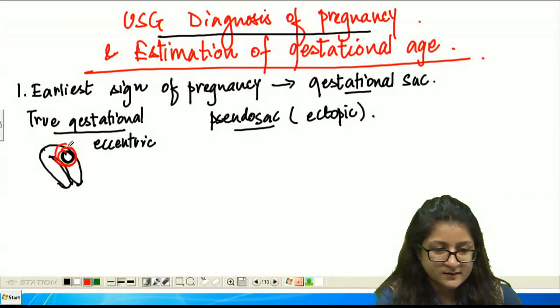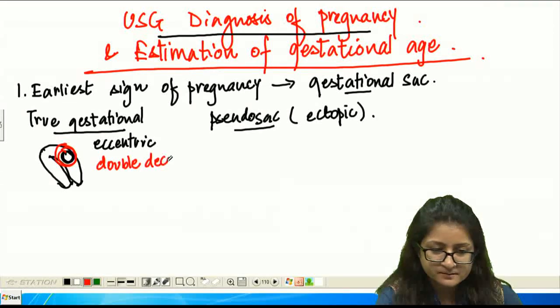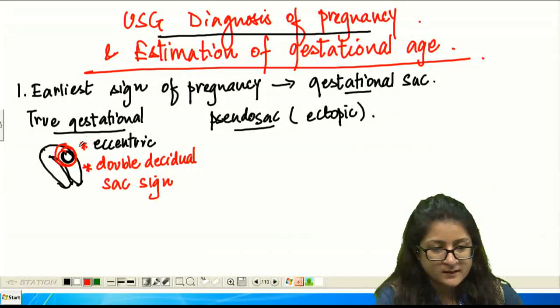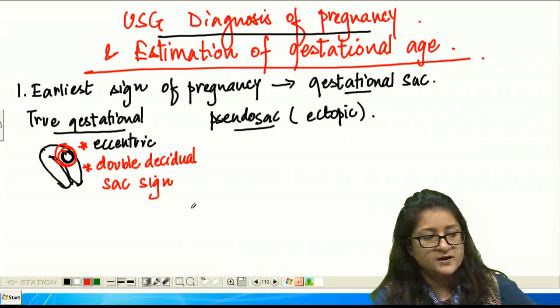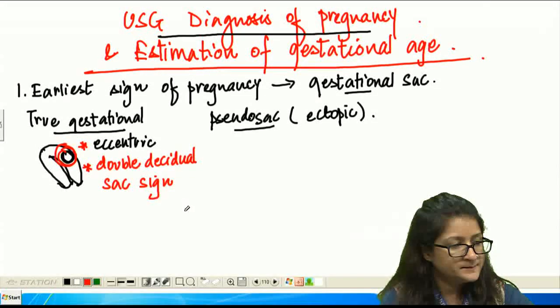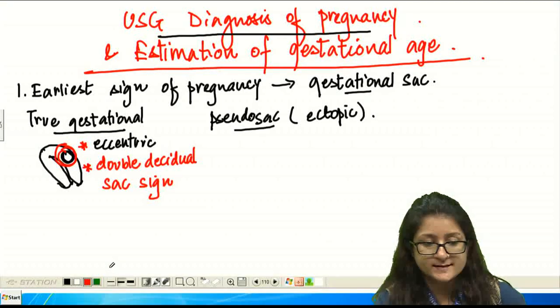It has the double decidual sac sign. True gestational sac would be eccentric and will have this double decidual ring sign, double decidual sac sign.